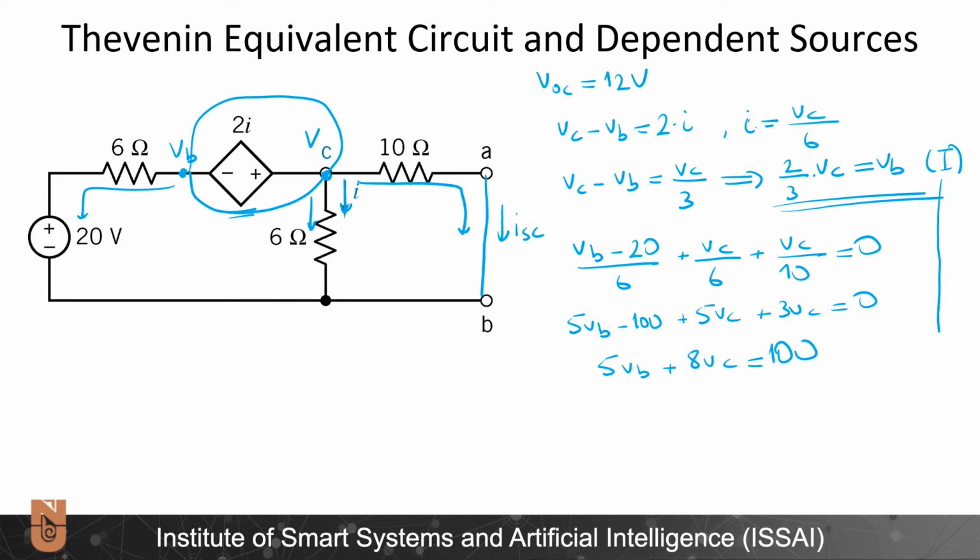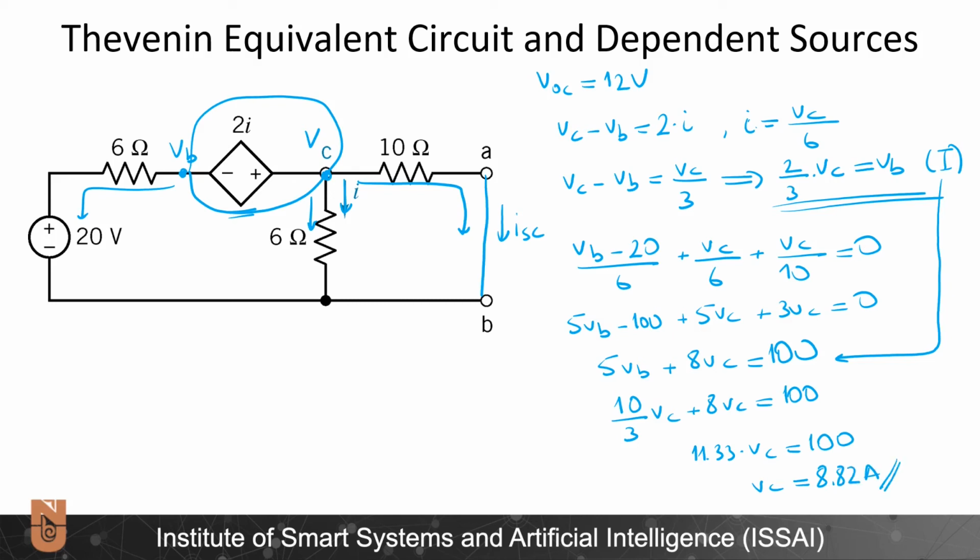I can go to equation 1 and take this, and wherever I see VB, I write 2 over 3 VC. So I end up having here 10 over 3 VC plus 8 VC is equal to 100. So I have 10 over 3 is 3.33. 11.33 VC is equal to 100, and VC is equal to, I need a calculator, 8.82 amperes.